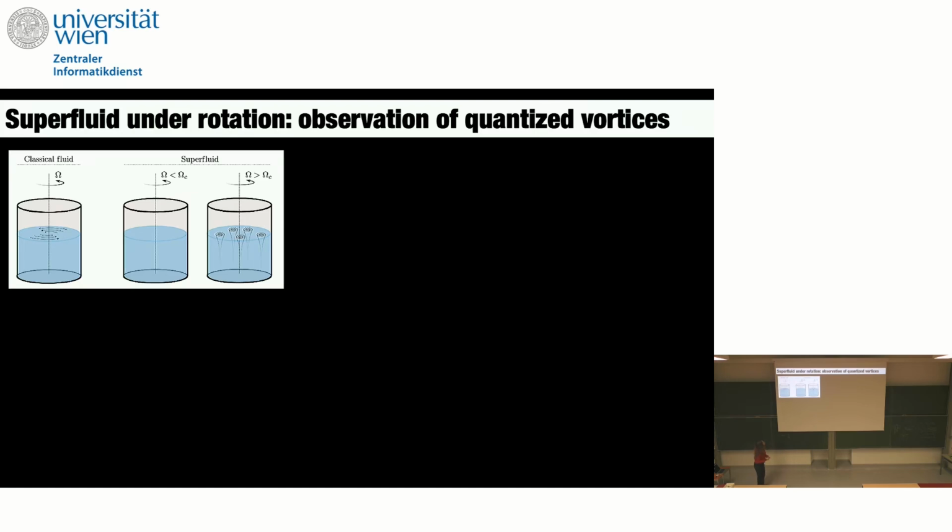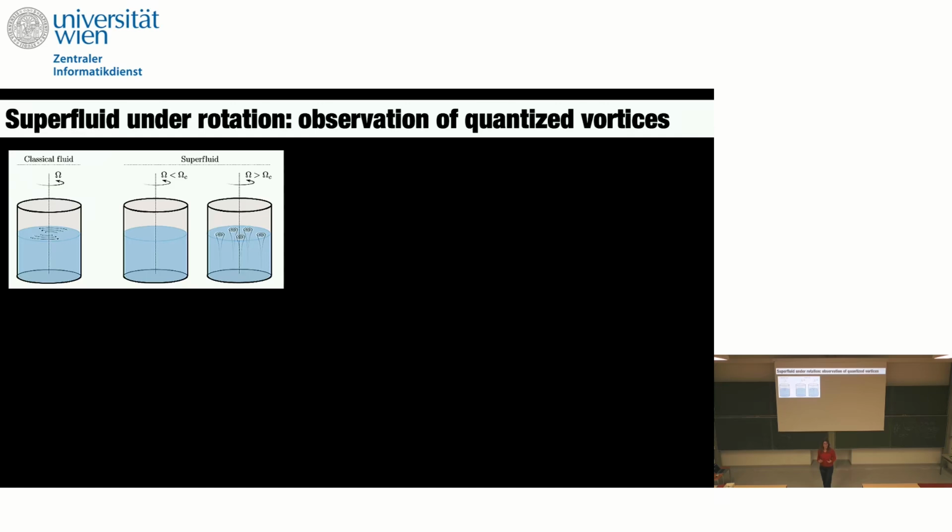And of course, you know why vortices are very interesting. I don't have to tell you, we also heard a very nice talk today about vortices. In a classical fluid, you can really stir your liquid and maybe you have a big tornado. In the case of a Bose-Einstein condensate, if you start to stir, nothing happens because the condensate doesn't want to rotate. I mean, the velocity field is irrotational. That means that the gas would do anything to not rotate.